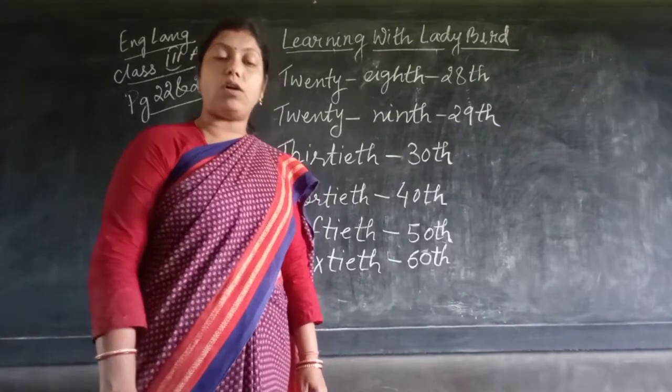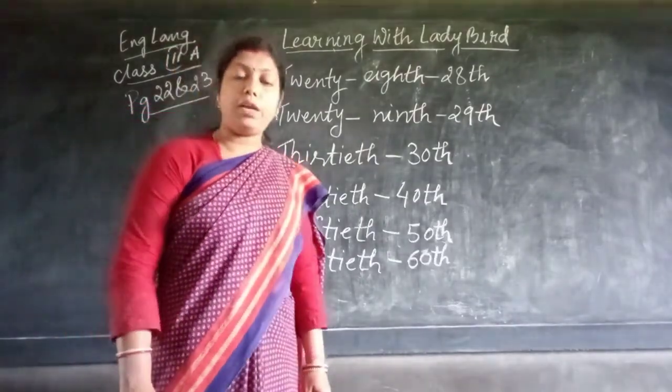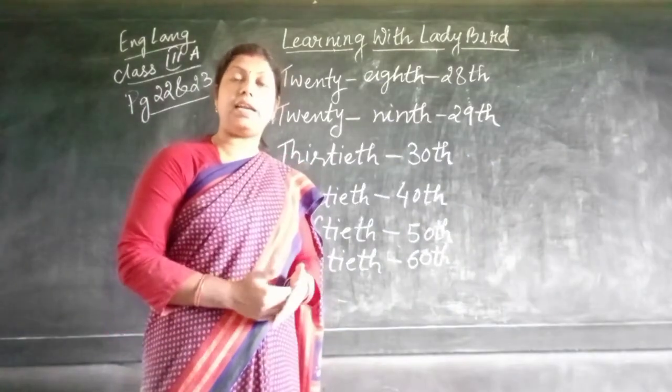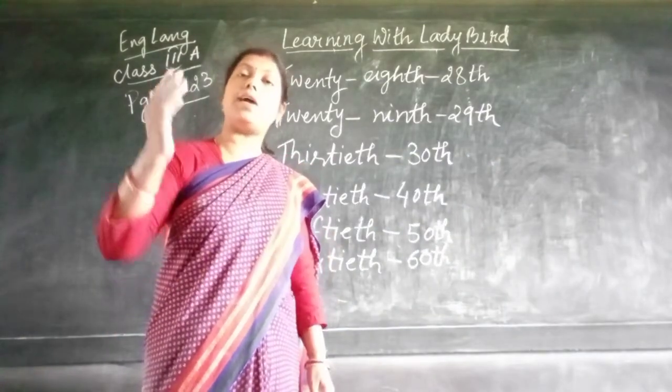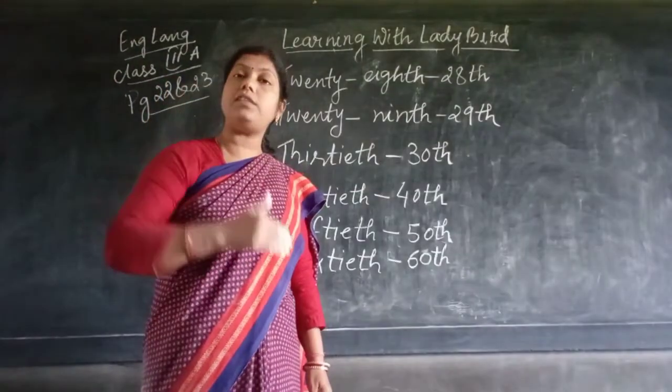Now write the ordinal numbers in 2 ways. You have to write 33rd in digits also and in spelling also.